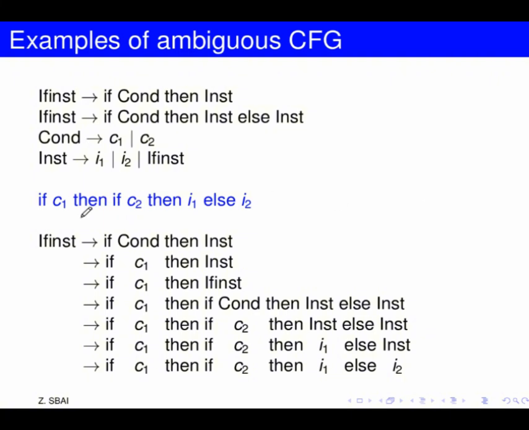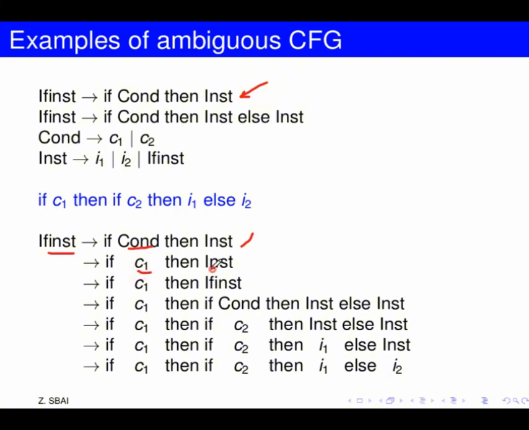From the first view here, we can write if instruction will be substituted by if condition then instruction. And then we have a non-terminal symbol here, cond, that will be substituted by C1.